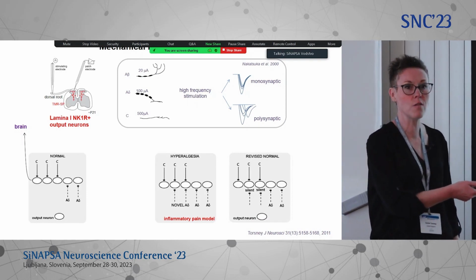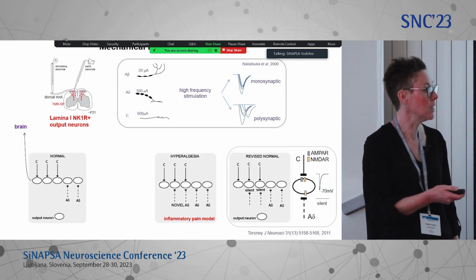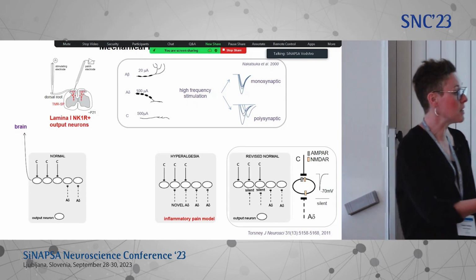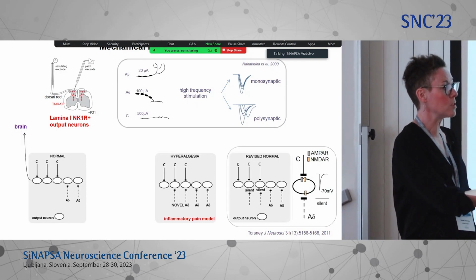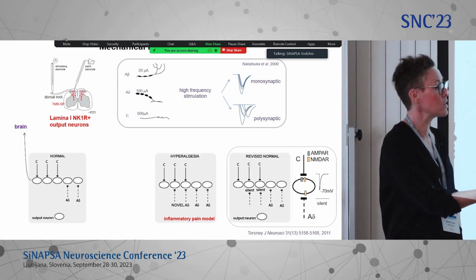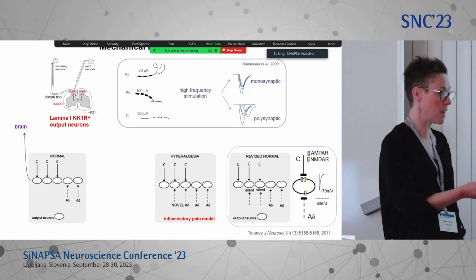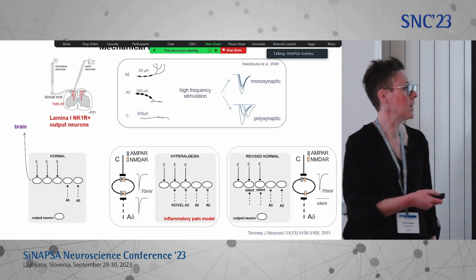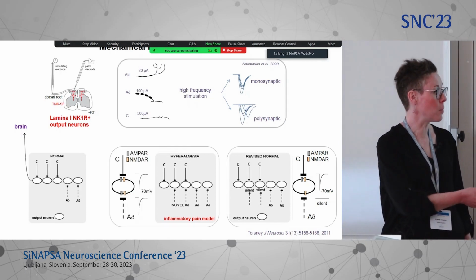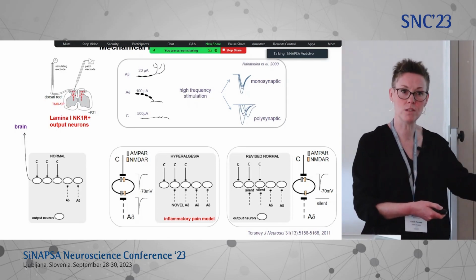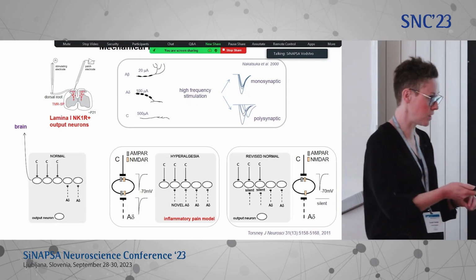It's just that they are functionally silent. And they're functionally silent because they only have postsynaptic NMDA receptors, and you need postsynaptic AMPA receptors for a synapse to be functional. And it's likely that in inflammatory pain, these are activated by the delivery of AMPA receptors to the synapse.